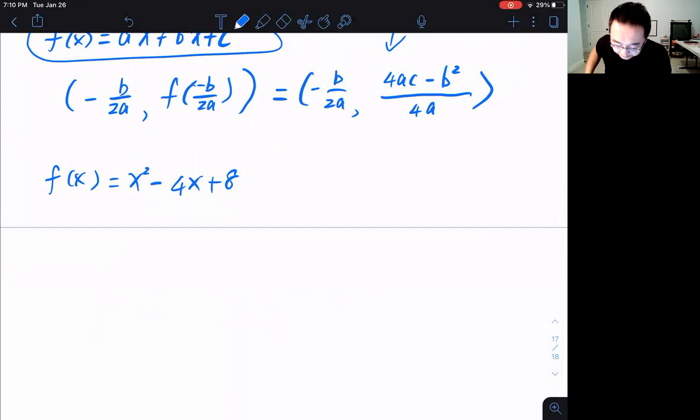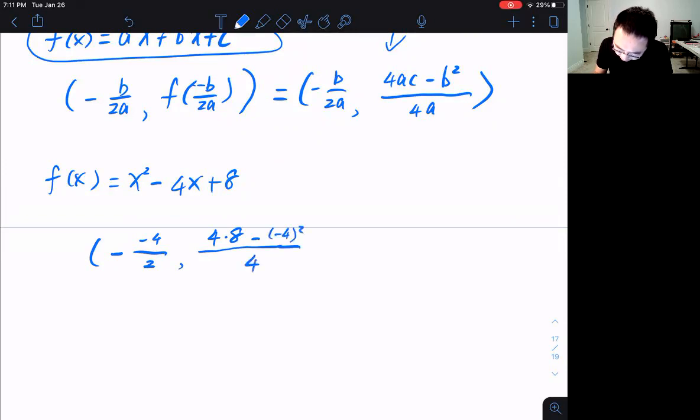And so in that case, I know the vertex is negative b, which is negative 4, divided by 2a, which is 2. And then here is 4 times a, 4 times c, which is 8, minus b squared, which is negative 4 squared, divided by 4 times a, which is 4.